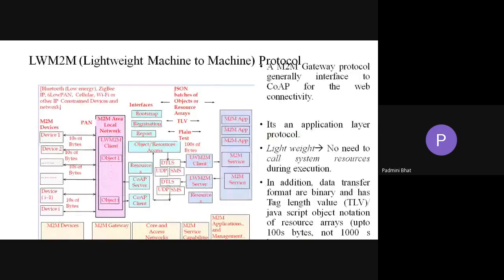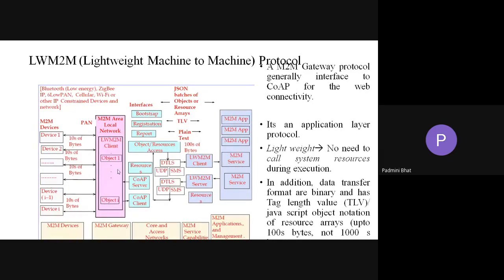In addition, data transfer formats are binary with tag length value TLV, or JavaScript Object Notation, JSON, of resource arrays up to hundreds of bytes, not thousands, because it is interfacing with CoAP.